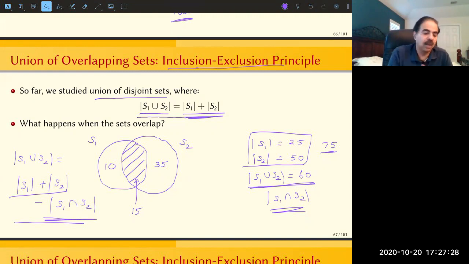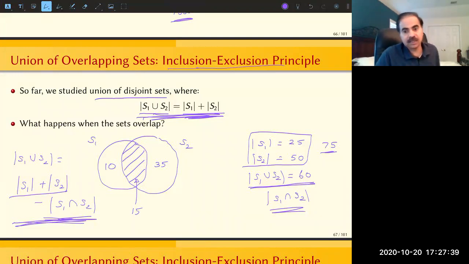Obviously, the disjoint case is a special case of this, because there S1 intersection S2 is empty, therefore this is 0, and the size of S1 union S2 simply becomes S1 plus S2.